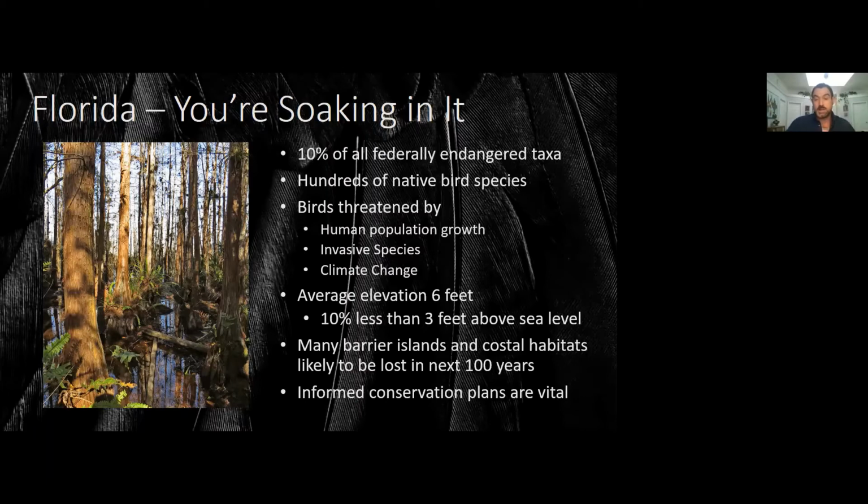And not coincidentally, it's those areas that provide a lot of the prime habitat for our birds, both year-round residents and migrants. So we need to really figure out which areas are the most threatened by sea level rise and other changes in the climate in order to make informed conservation plans.